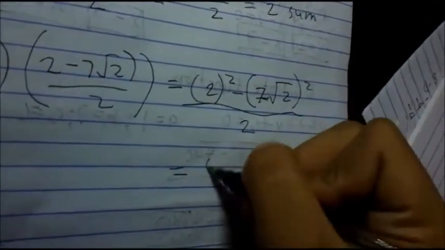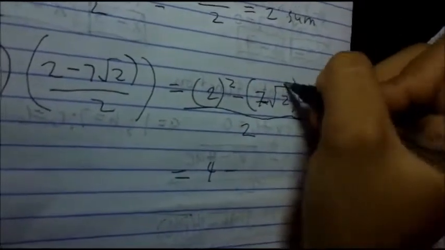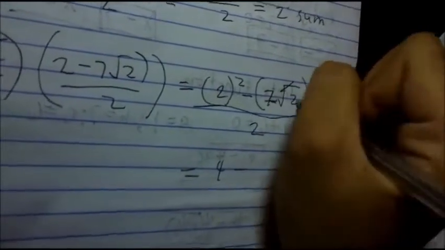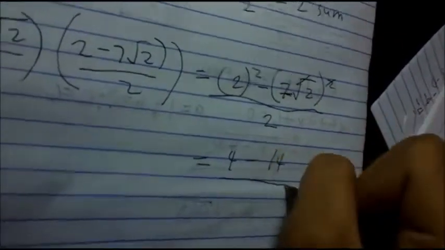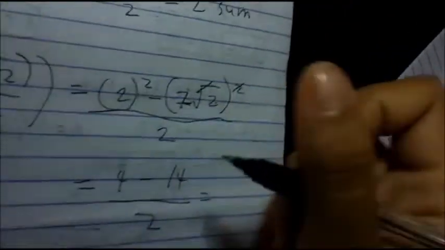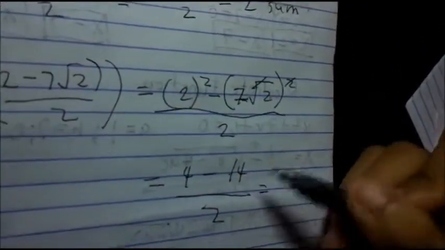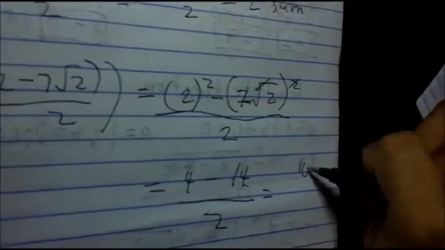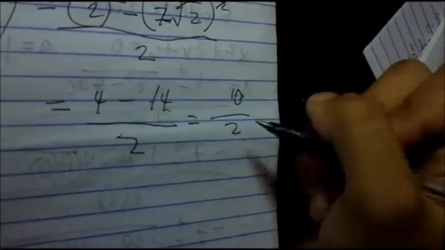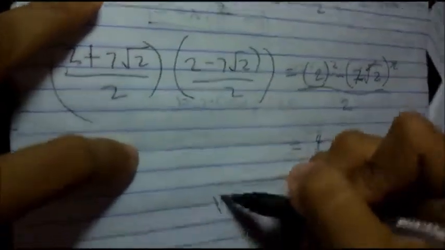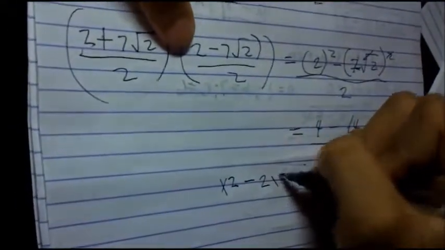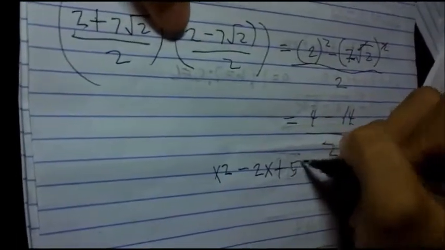So 4 minus, so cancel this. 7 times 2 is equals to 14 over 2. Then 4 minus 14 is equals to 10 over 2. 10 divided by 2 is equals to 5. Then our equation is x squared, the sum, so negative 2x plus 5.